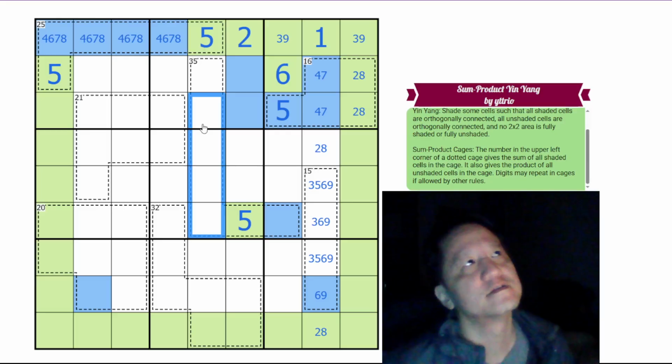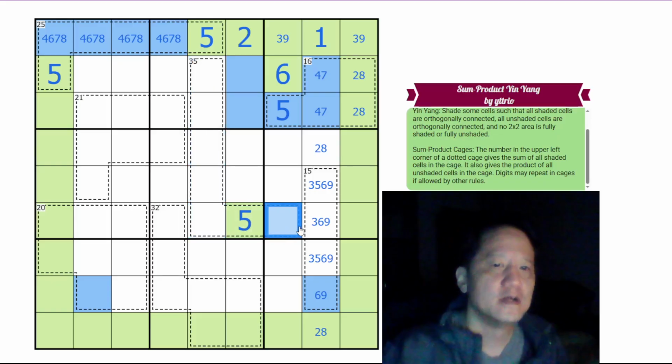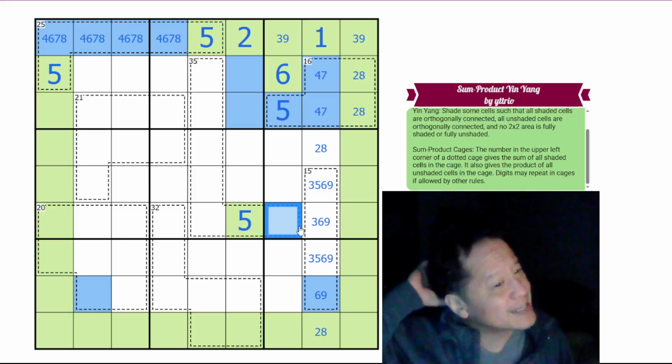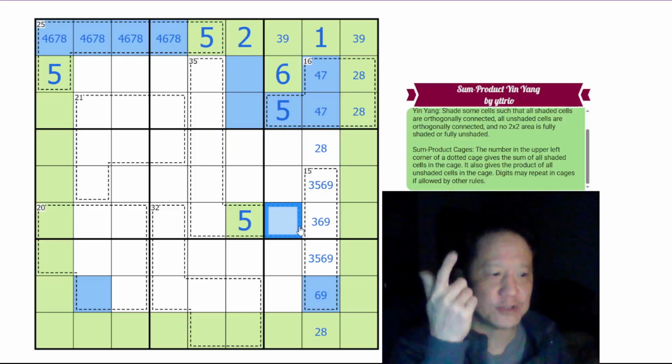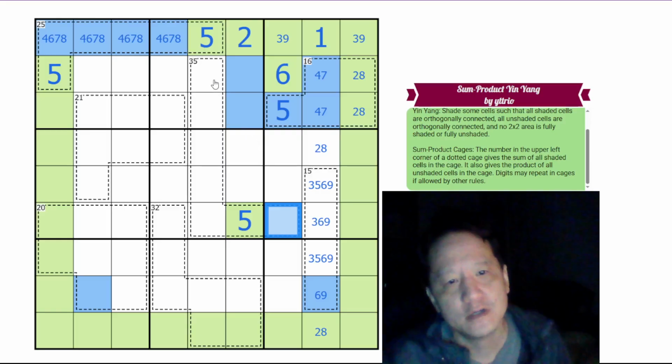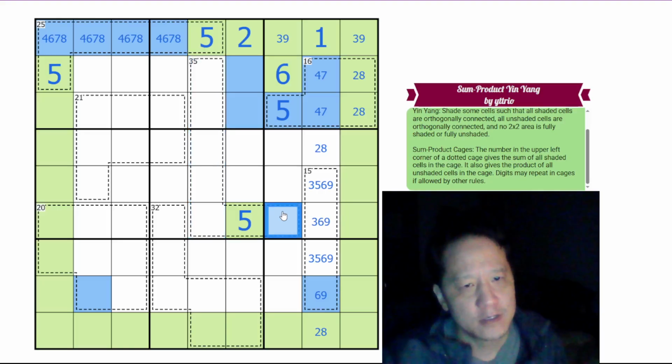No, you can't. You can't have 4 digits in this cage adding up to 35. That would be at maximum 789 plus 9, which is 24 plus 9, which is 33, which is too small. So you have to have 4 digits here adding up to a certain amount, plus another digit here.